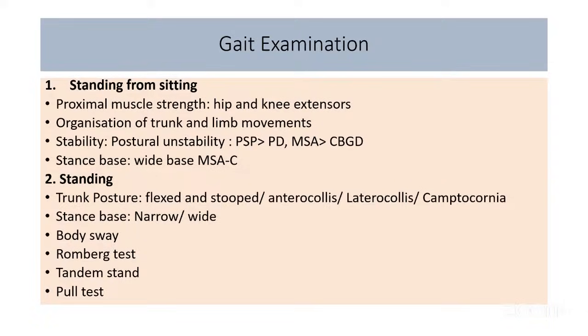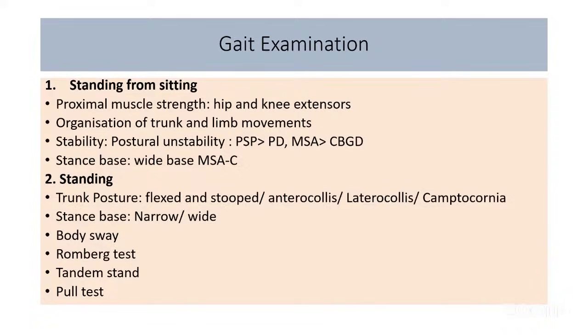For MSA patients also, there will be mild postural instability when they are getting up. And for stance, in MSA-C patients, once they get up, they'll keep the feet wider. In standing position, trunk posture in PD patients is usually flexed and stooped.